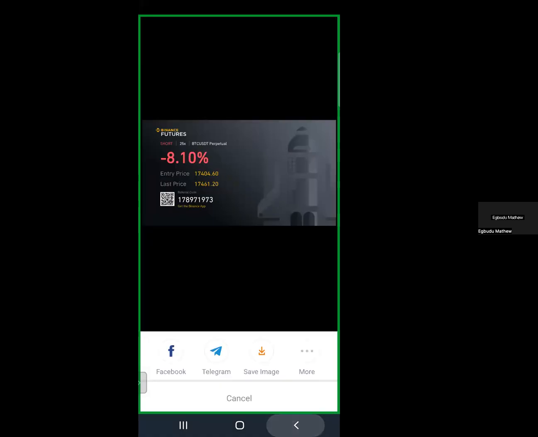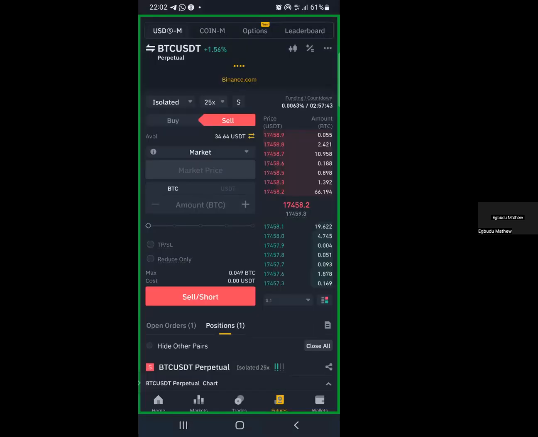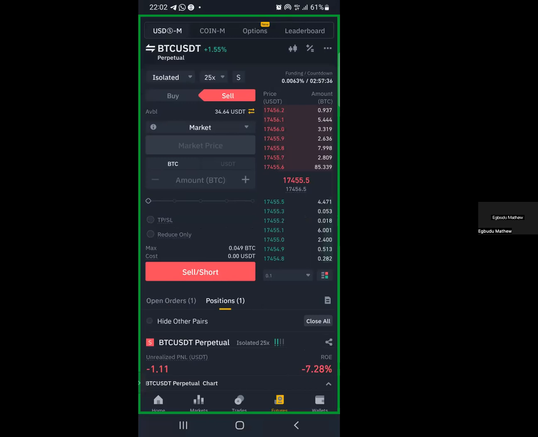Then there's what we call the USDM futures, Coin M futures. But for the purpose of this training, I will just dwell majorly on USDM futures. The USDM futures is you have BTC and a stable coin, BTC USDT. For some exchanges, you see BTC USDC.